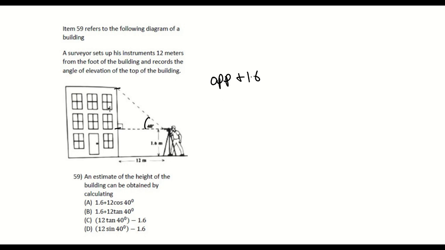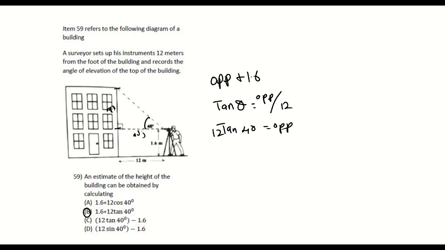This is the opposite and this is my adjacent. That is tan theta is equal to opposite over adjacent, which is 12. So that would be tan 40. So 12 tan 40 is equal to my opposite. I add in 1.6 to that, so that is the answer B.